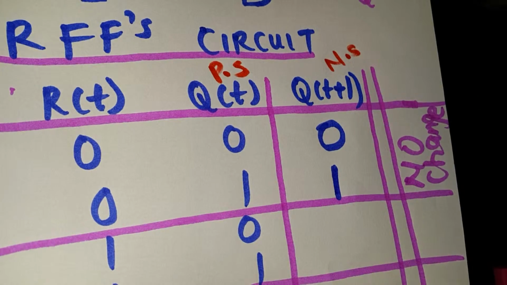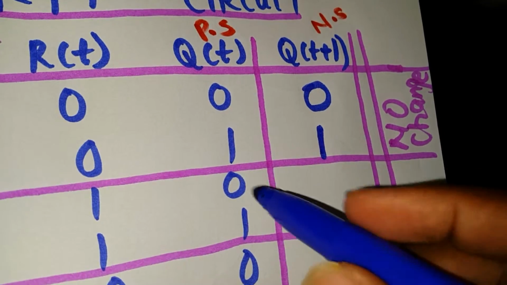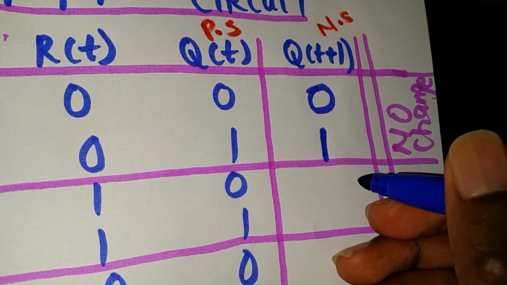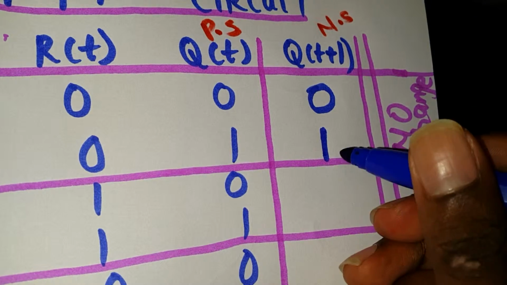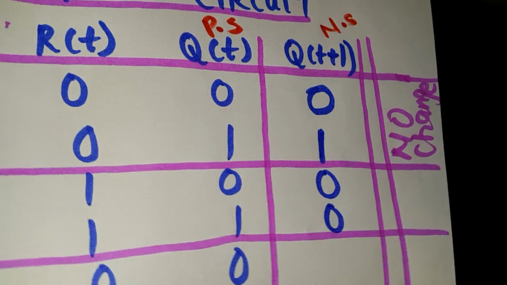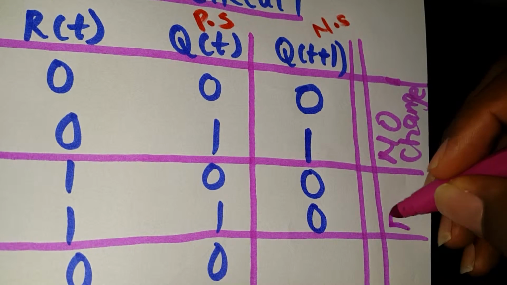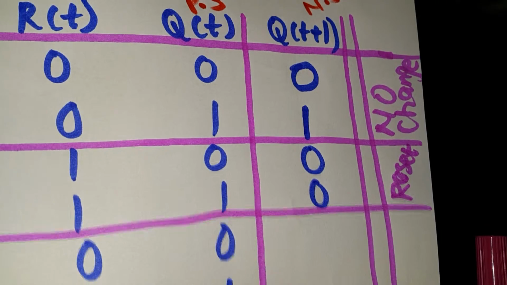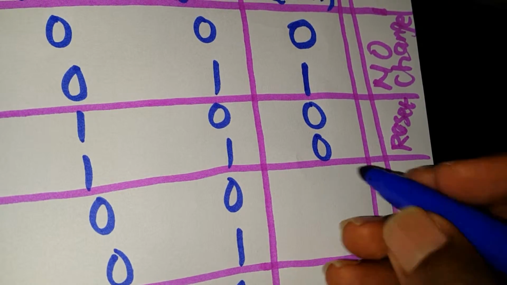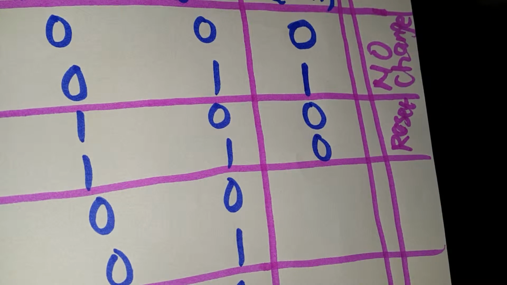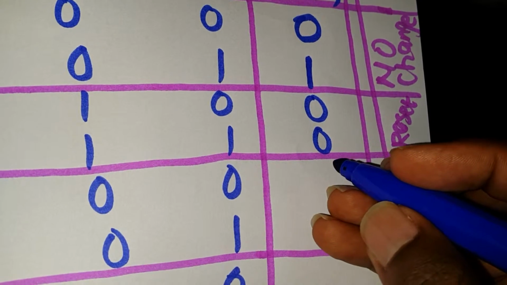Then the next block, which is this one, will reset. Reset means changing the value to 0. It will be 0, 0. So we reset this. This is the second block. The next block we set. Set means changing it to 1, because reset means changing the value to 0, but here we are setting.